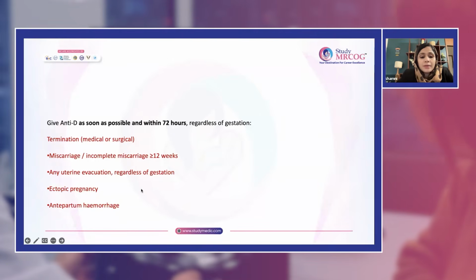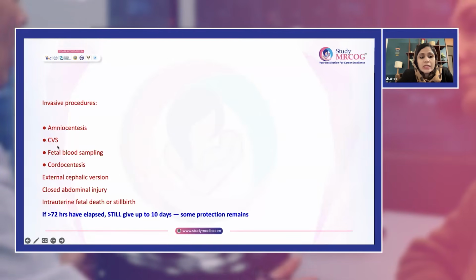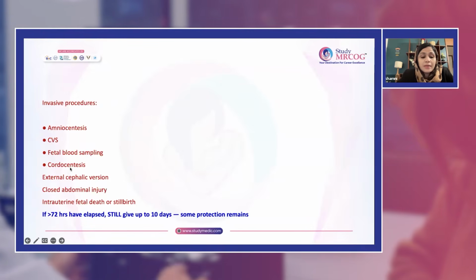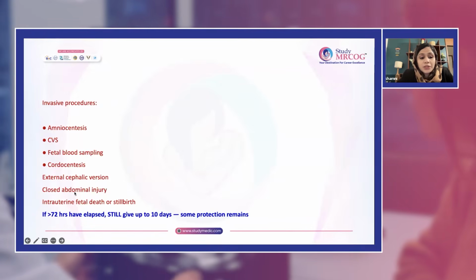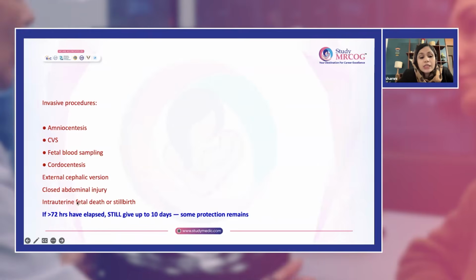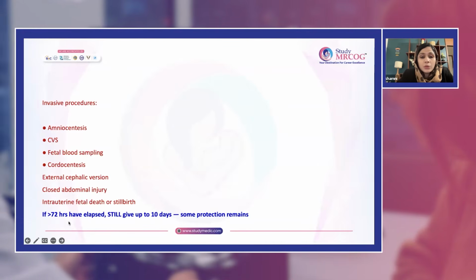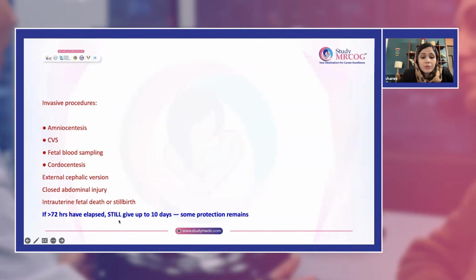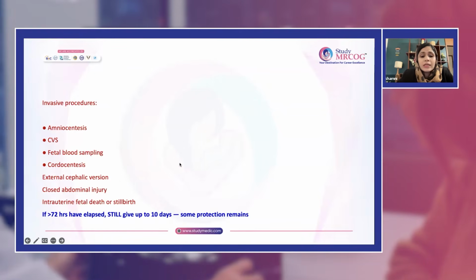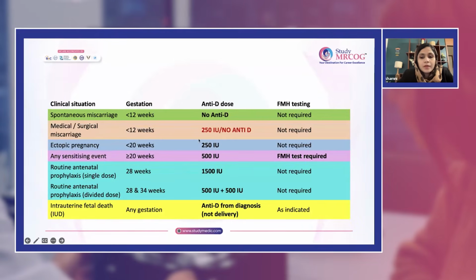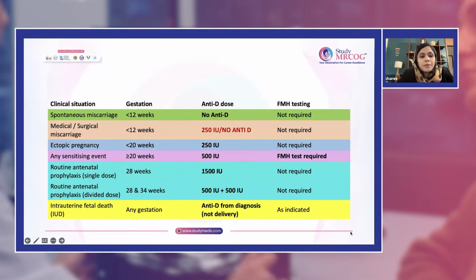Ectopic, antepartum hemorrhage, amniocentesis, CVS, fetal blood sampling, cordocentesis, or any versions, closed abdominal injury, intrauterine fetal death, or stillbirth, you have to give. Ideally within 72 hours, but even if that has passed you can give, because it has some action up to 10 days. So this table is very important.